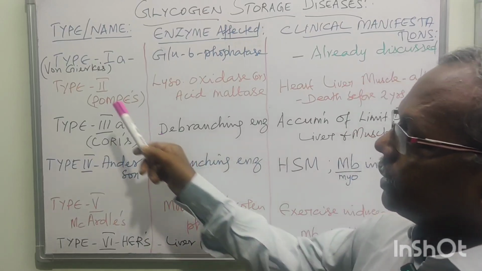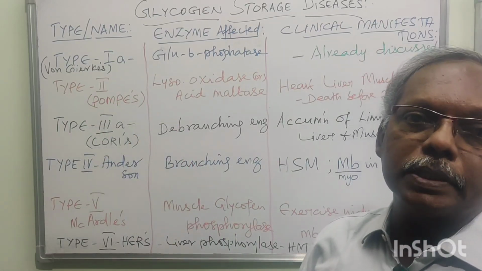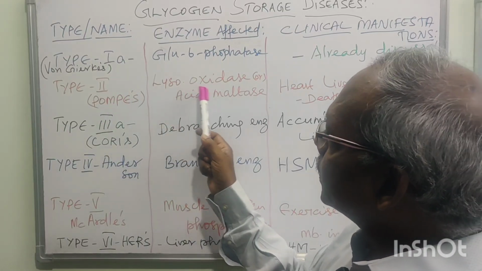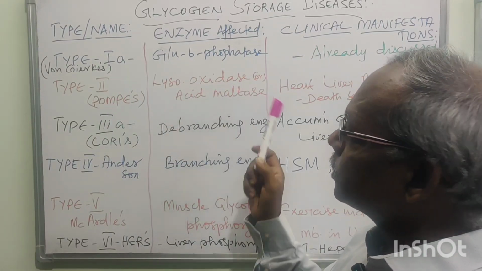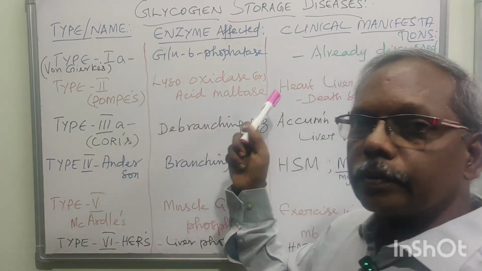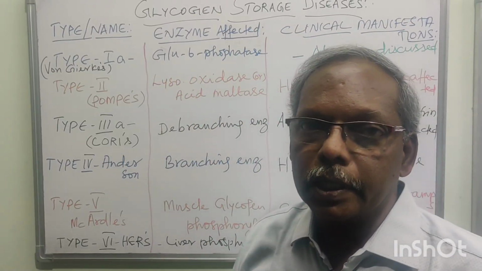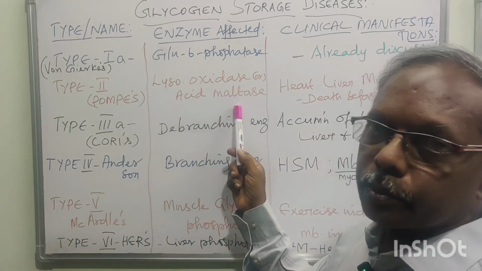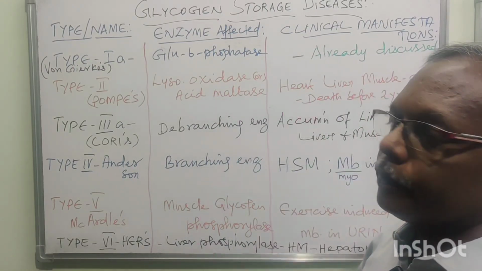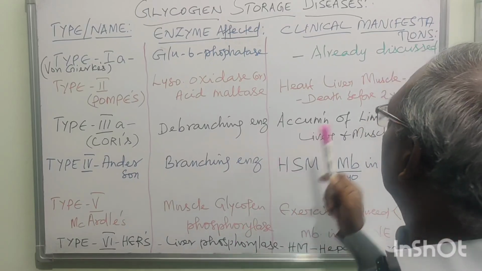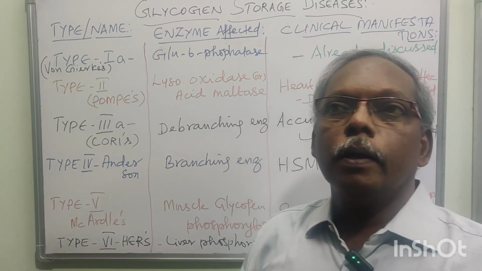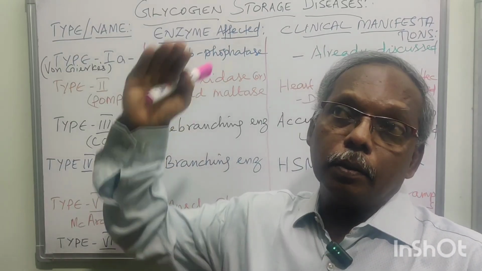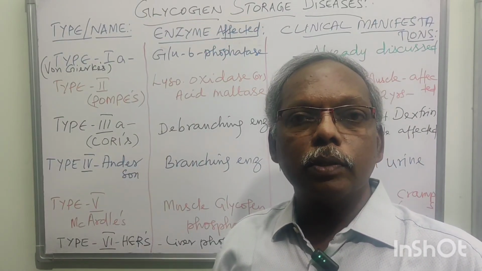Second disease is Pompe's disease, type 2. Here there is no A or B. The enzyme defect is lysosomal alpha-glucosidase, also called acid maltase. Lysosome means it will affect lysosomes in all cells. Here the clinical manifestation is involvement of the heart, liver and muscle. In muscle, for babies or infants it is myopathy, and in adults or old age groups it is muscular dystrophies.